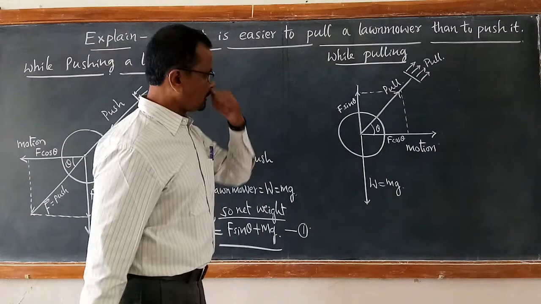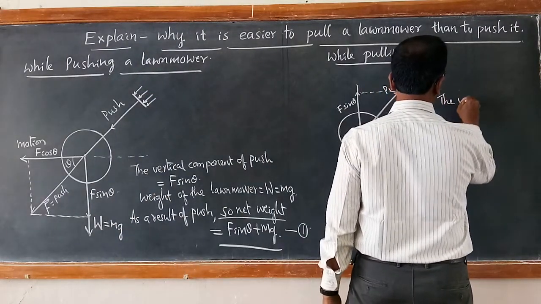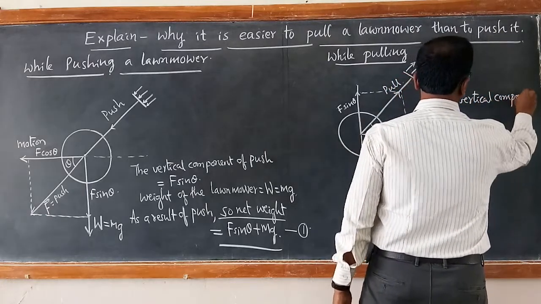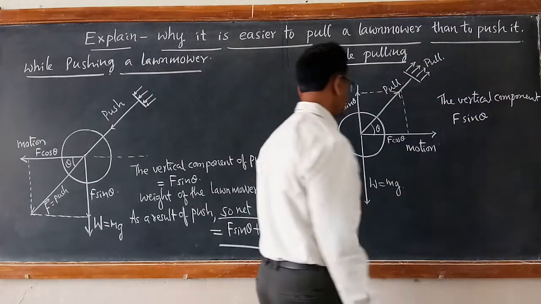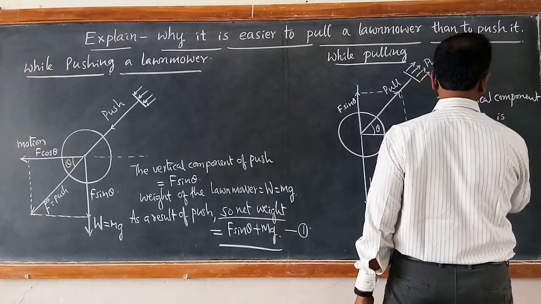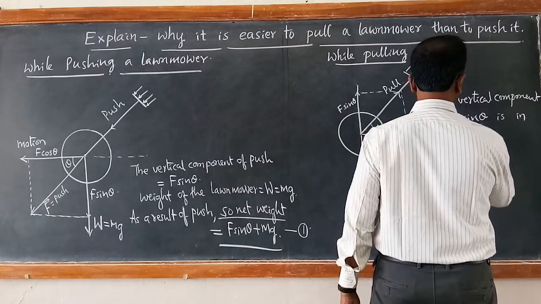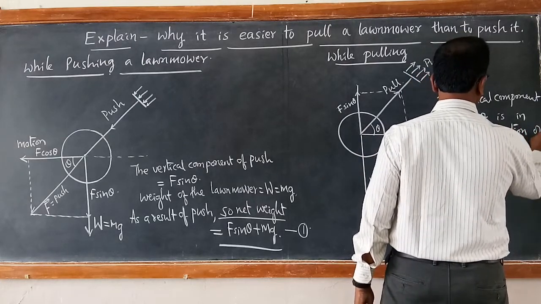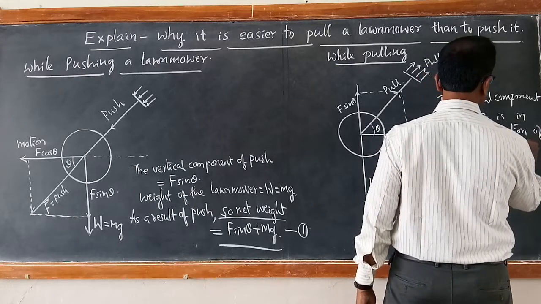So we can write now, while putting the vertical component, F sin theta is along the normal reaction, in the opposite direction of weight W equal to mg.